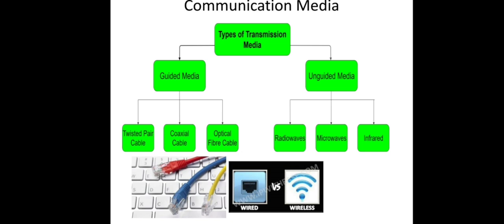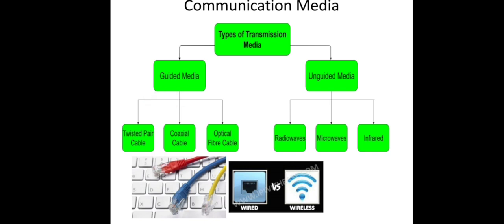So the first component is a set of computers or nodes, and the second one is communication media. And how will you categorize different media? We can say that the entire transmission media can be categorized as either guided media or unguided media. In case of guided media, the signal transfer is done through some physical media.